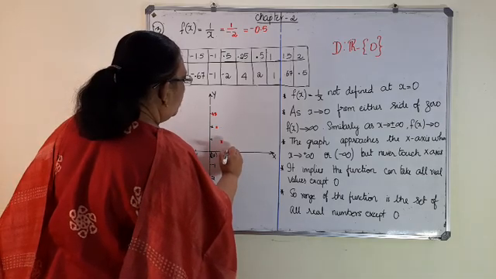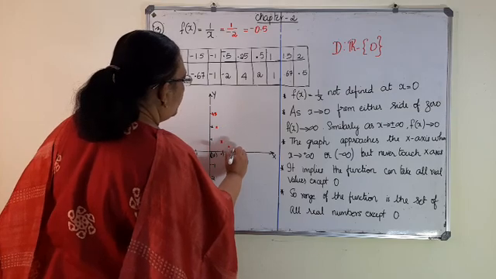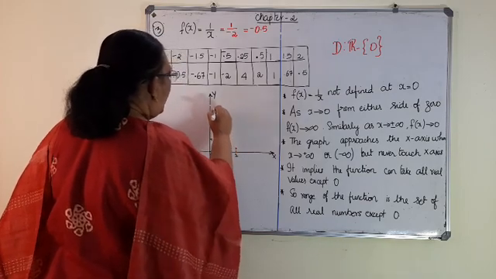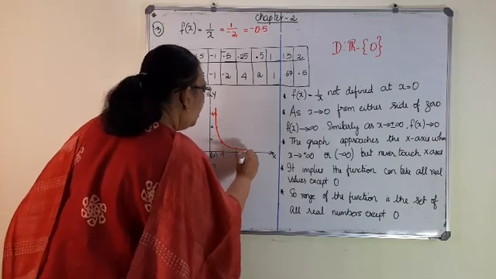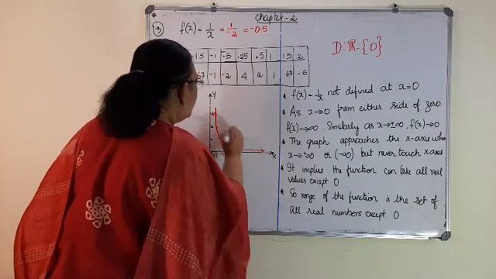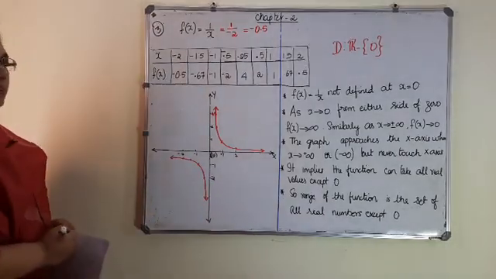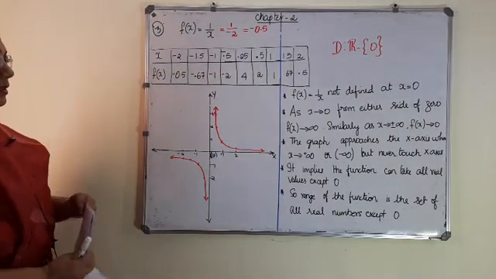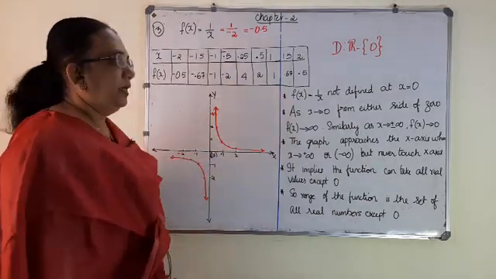For 1.5, it is equal to 0.67. For 2, it is equal to 0.5. So when I join the points, I can see that the graph of this function f of x is equal to 1 by x is of this form.